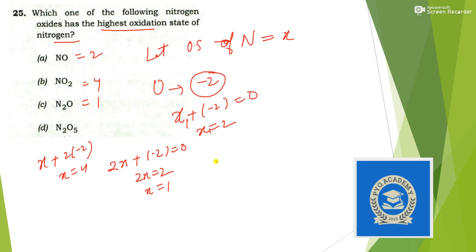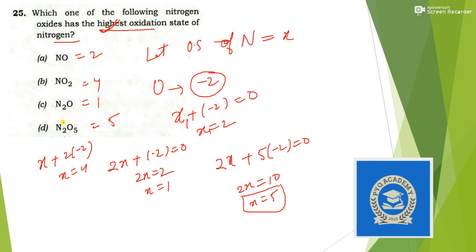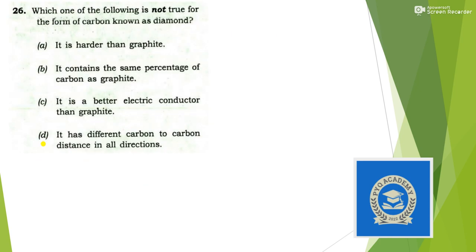Now come to the last case: 2X plus 5 times -2 equals 0, so 2X equals 10 and X equals 5. So in this case the oxidation state of nitrogen is 5. The question was asking about the highest oxidation state, so option D has the highest oxidation state. Okay, let's move to the next question.